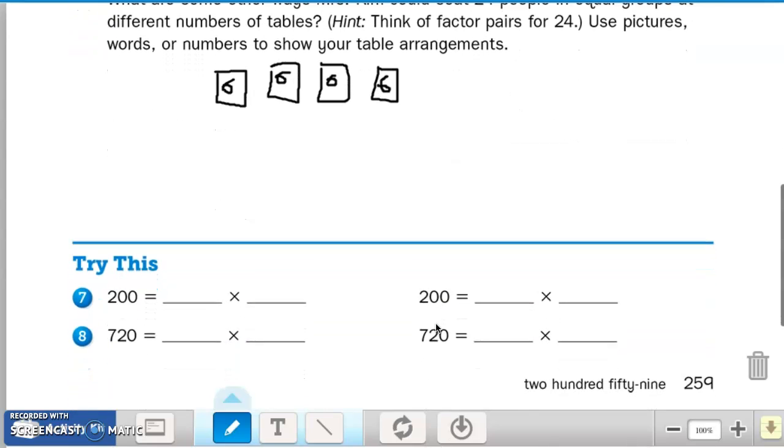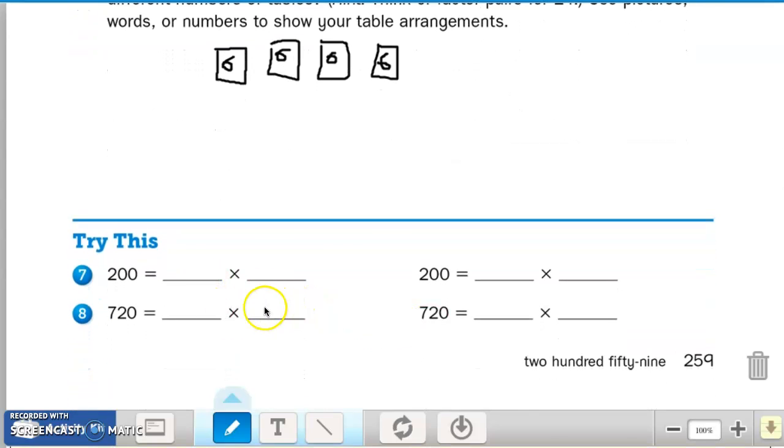All right. Let's go down to the bottom. Now, don't freak out. These numbers are pretty big. But remember what we can do. Don't freak out when you see big numbers, especially when they end in 0. What you can do is pretend that last 0 isn't there. That'll help you a little bit. So think of 20.